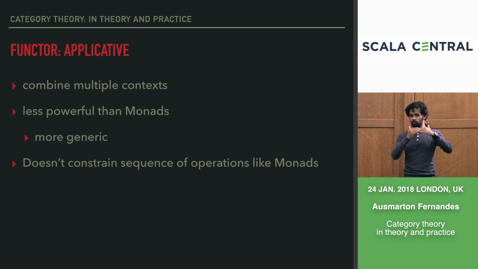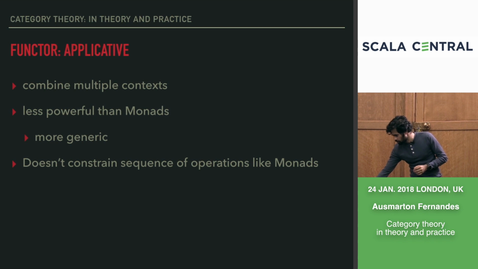So the first failure would get you out of that chain. But in the case of applicatives, we could still have the whole computation done in each context and then merge them together if we want to. So that's the flexibility we get.